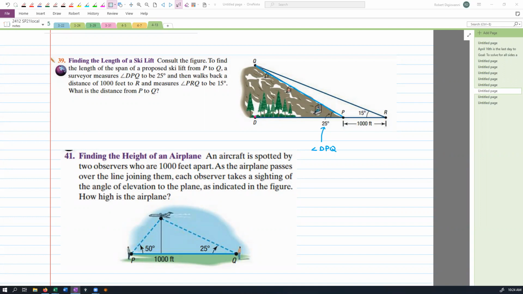I just launched a poll. If you finish the first problem, just click yes. Don't click anything until you've finished the first problem. I just want to see how long it's taking people to get the first one.